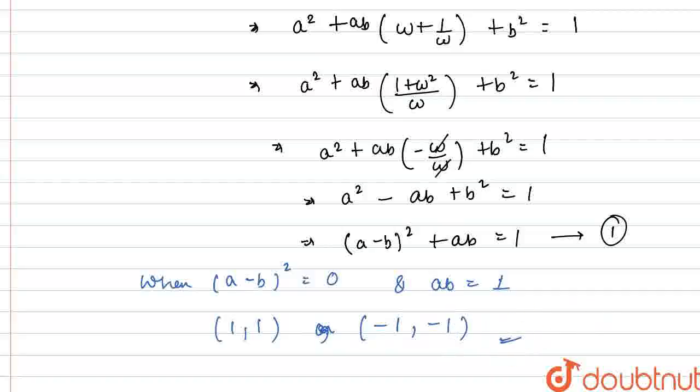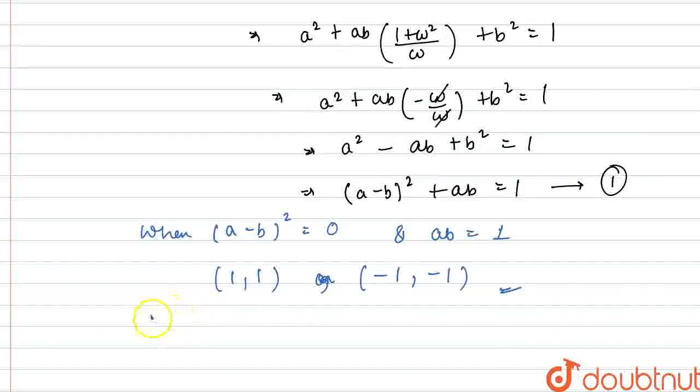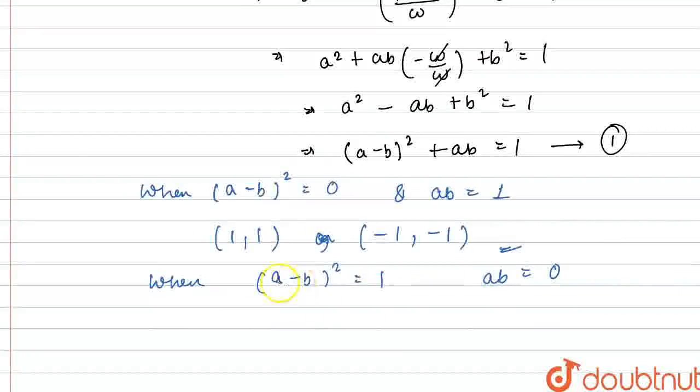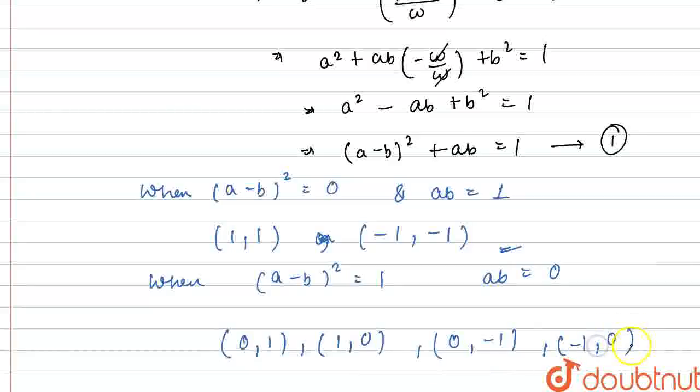Both these are possible. Another condition can be that a minus b whole square is equal to 1 and a into b is equal to 0, then the possible ordered pairs will be 0 comma 1 or 1 comma 0, or we can have 0 comma minus 1 or minus 1 comma 0.